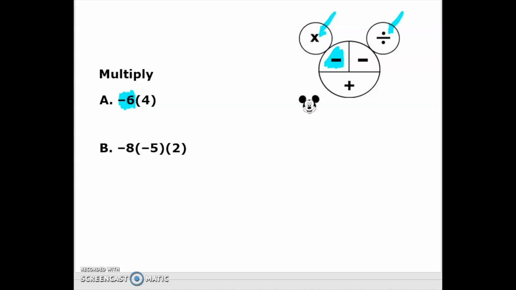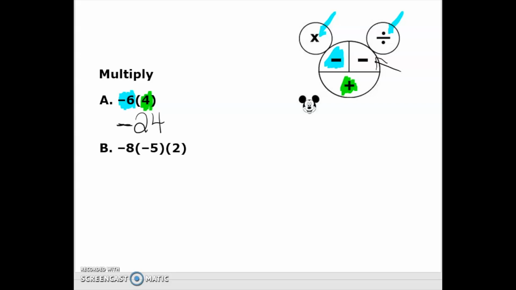Then we would cover up a positive because our 4 is positive. Now, whatever sign is left, that is the sign that our answer is going to have. So because we have a negative left, our answer is negative. After we figure out the sign, all we have to do is multiply. So 6 times 4 is 24.